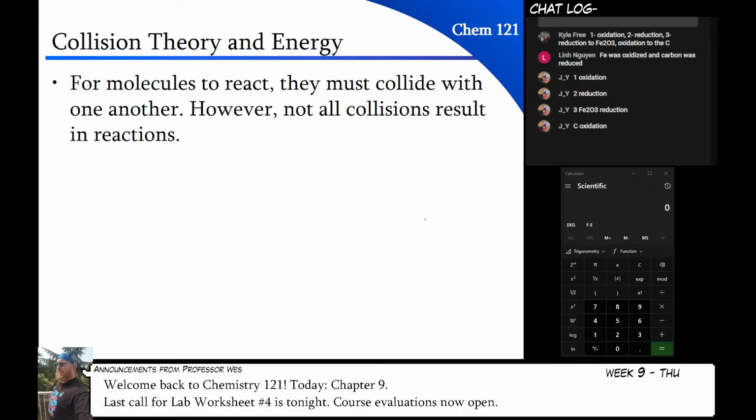So this next section talks about how reactions occur. For a reaction to occur, you would think that we'd just mix 2 things together. So we'll mix A, we'll mix B, and then the reaction occurs, right? But in reality, what A and B have to do is they have to encounter each other.